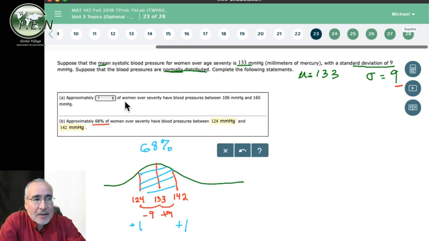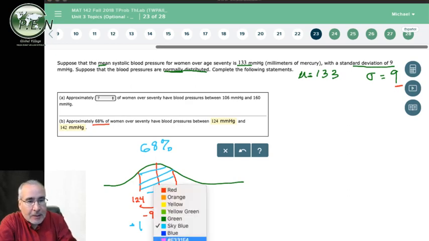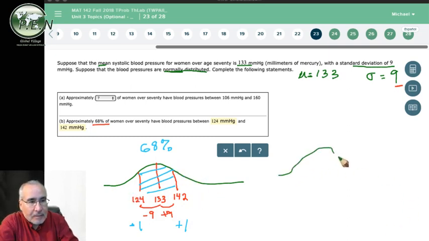Okay, so then the next question is, what does this 106 to 160 represent? So we come back to this. Let me change our color back to this. If 1 below to 1 above is 68, two below to 2 above would be 95%.